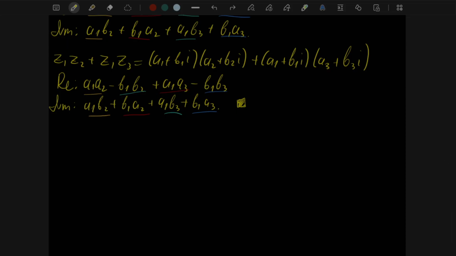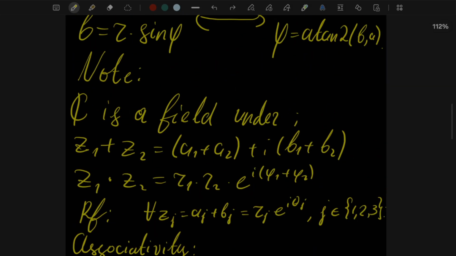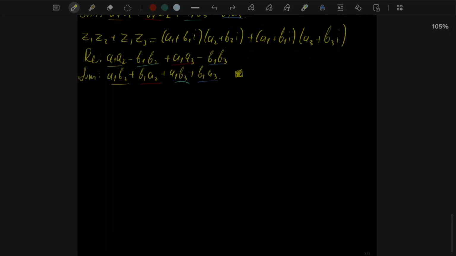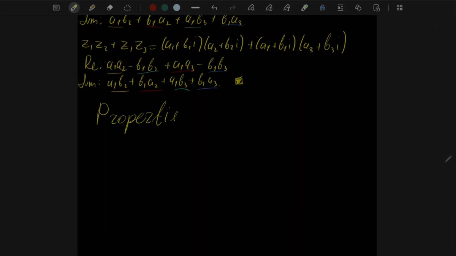Now let's dive into the properties of our complex numbers. First, we'll talk about the modulus of a complex number.